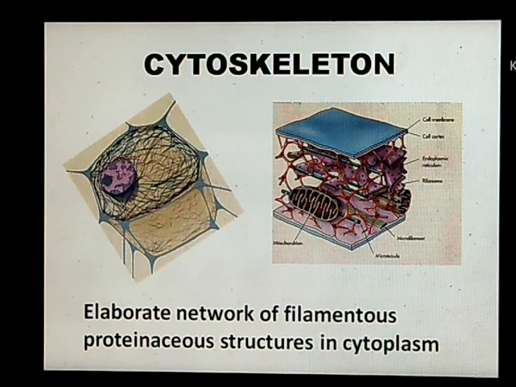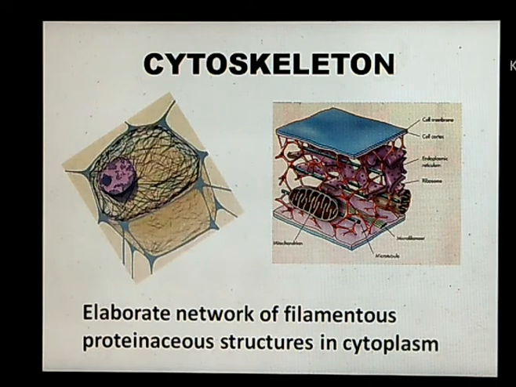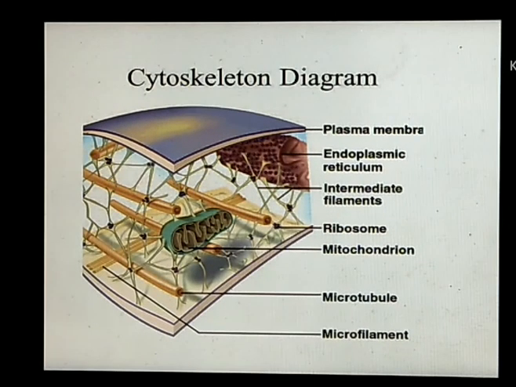These structures are found in eukaryotic cells and some in blue-green algae. Cytoskeletal structures are of three types: microfilaments, intermediate filaments and microtubules.